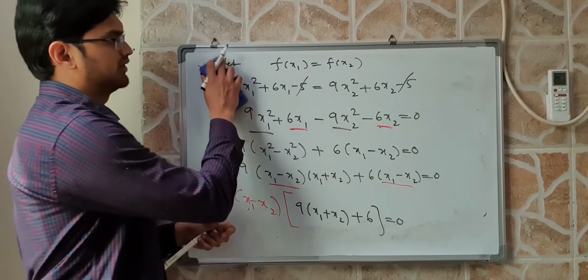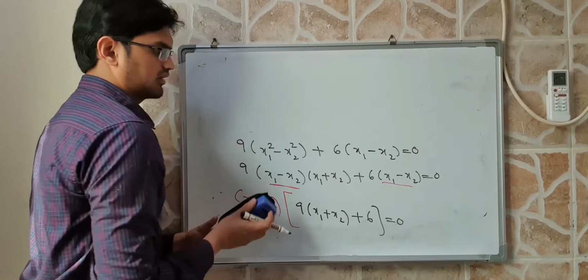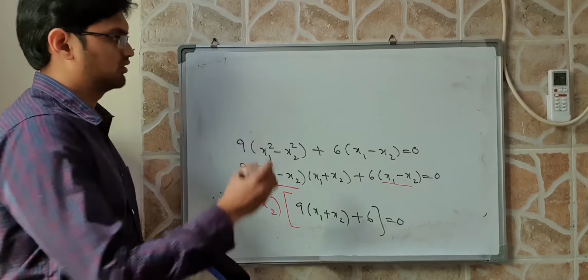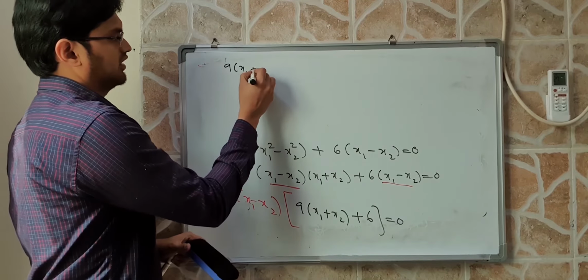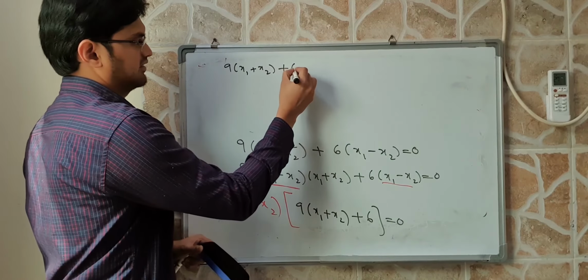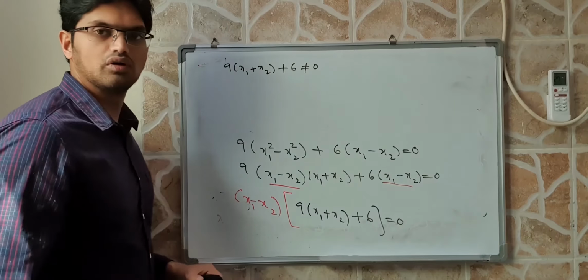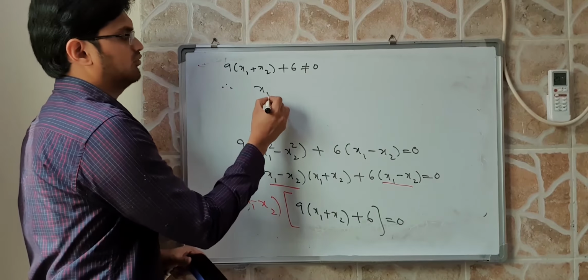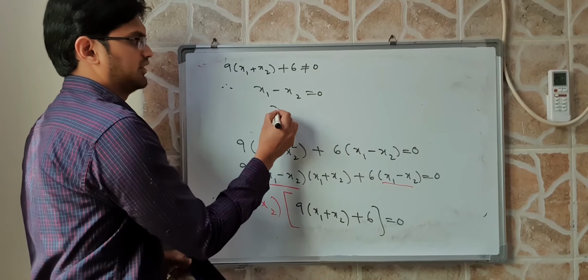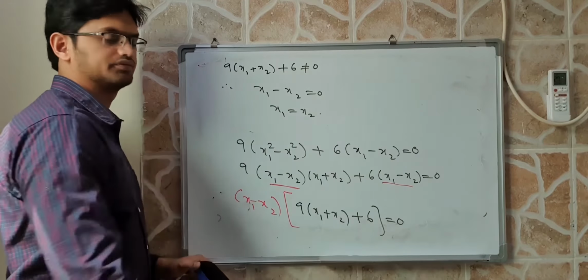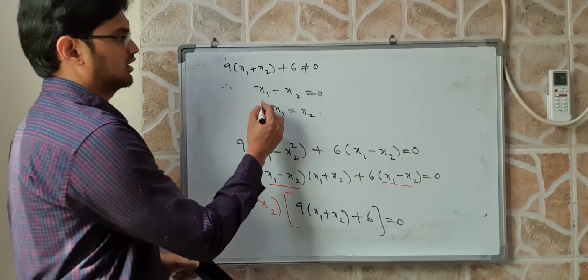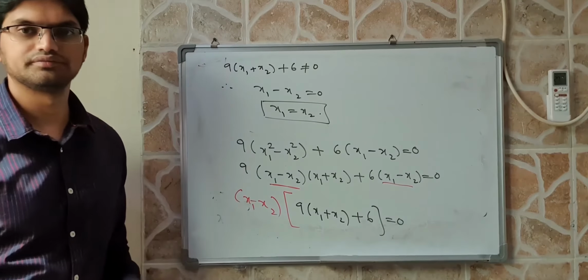So this cannot become 0. 9(x1 plus x2) plus 6 cannot be 0. So therefore x1 minus x2 should be 0. Therefore x1 is equal to x2. So this is what we proved, it is 1-1.